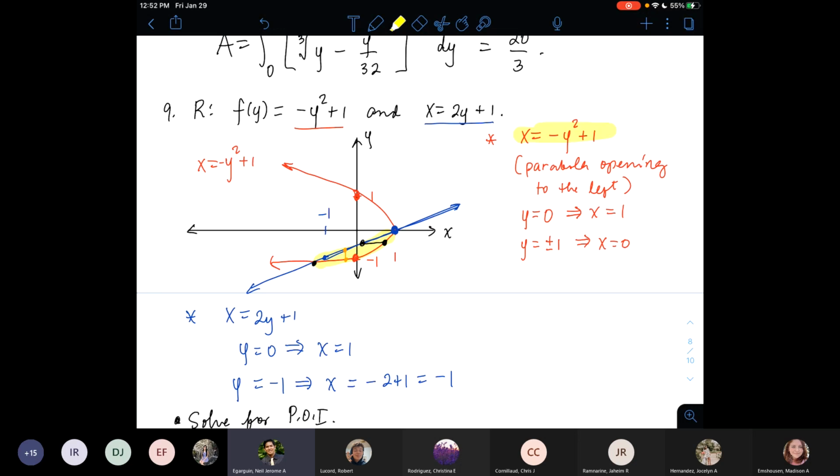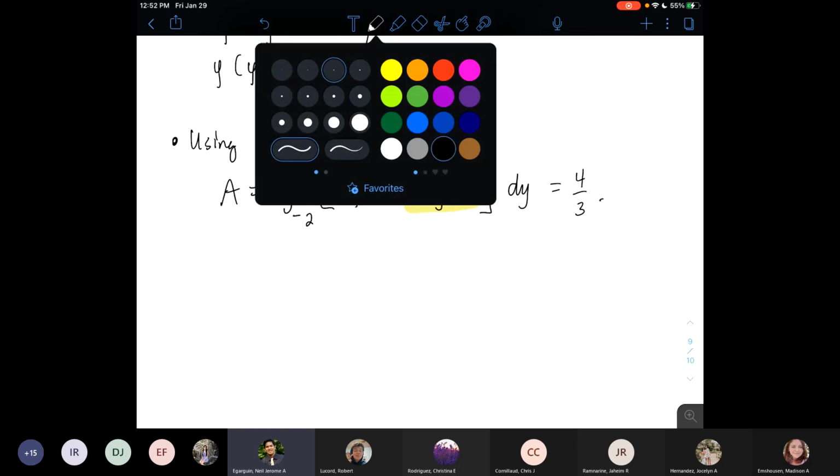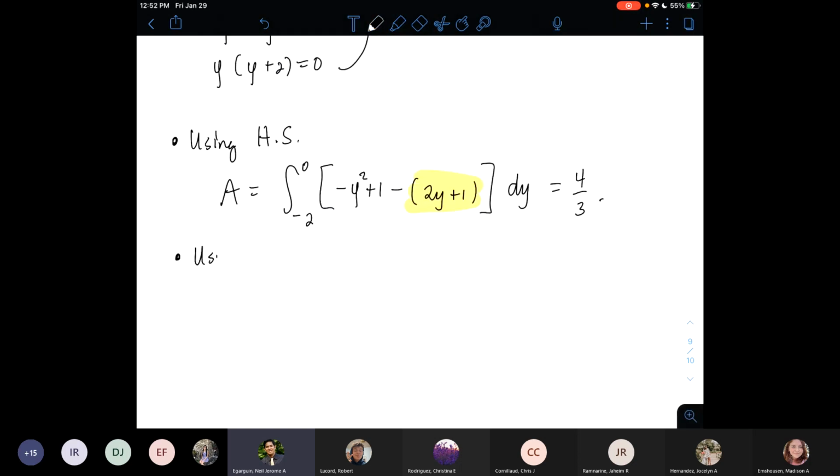y equals plus or minus the root of 1 minus x, and the line x equals 2y plus 1, we can solve for y in terms of x to get y equals (x minus 1) over 2. So kindly check, probably as your homework or something to do when you're bored at home.